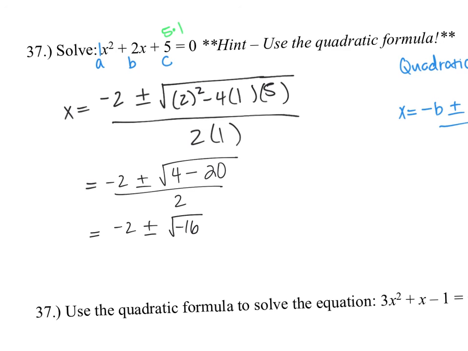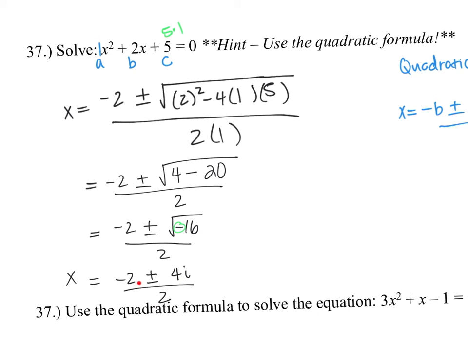From here, if I take the square root of negative 16, this ends up being negative 2 plus or minus 4i, because there's a negative, but the square root of 16 is 4 for sure, and i just sits next to it. So this x comes down, and I'm bringing down the denominator. I notice that all of these numbers are divisible by 2.